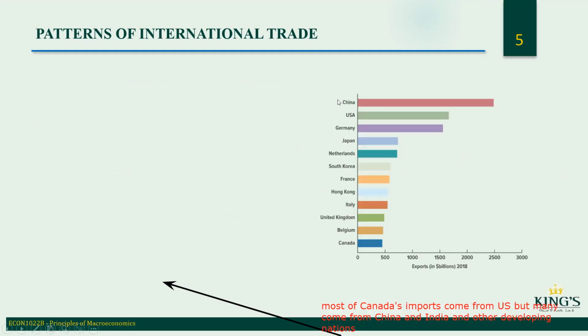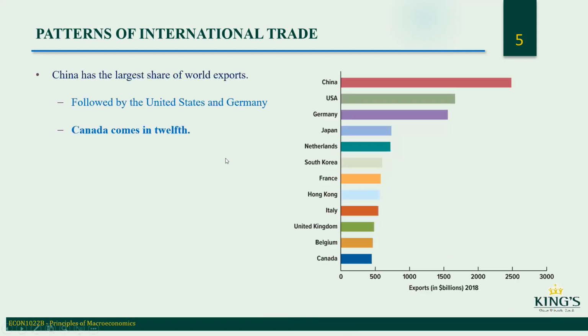So, patterns of international trade. China leads the world in exports, has the largest share of world exports, and that's followed by the US and Germany. Canada comes in 12th.